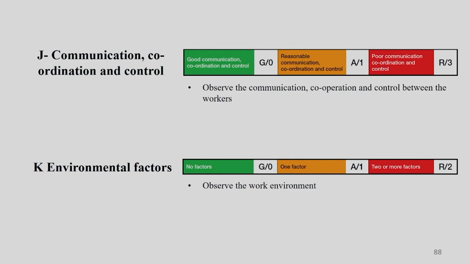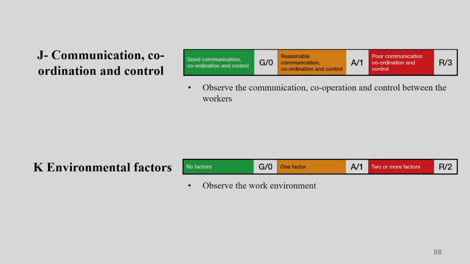Now, this definition of good means that you do not have any difficulties while communicating and while carrying or lifting this particular load. This has no specific definition, but you have to give your definition before you start doing the data collection. In that case it is G.